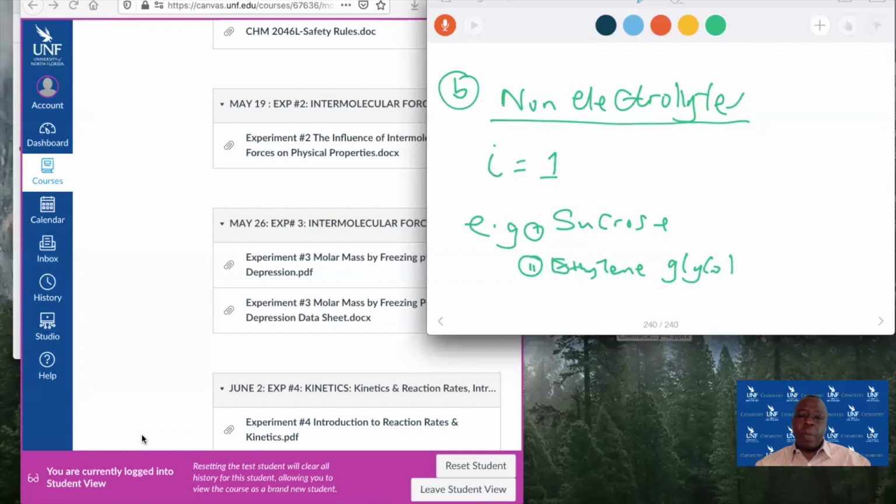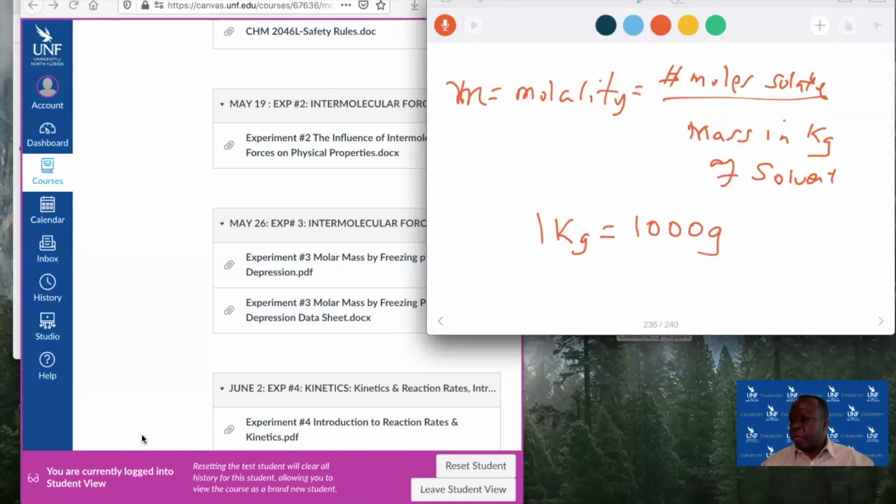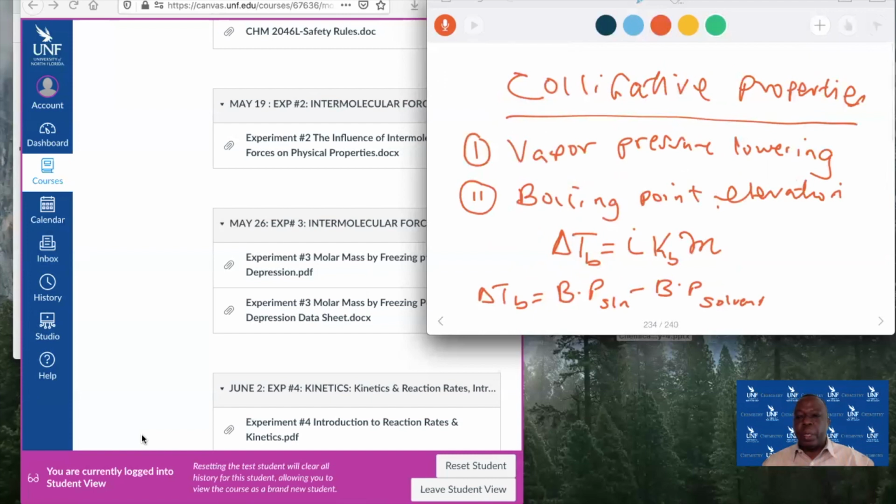In problems here, you may be given information that this is a non-electrolyte, and it was dissolved in that. Once you know it is a non-electrolyte, then you know i is 1, so that when you plug into this equation here, you will have to use 1.